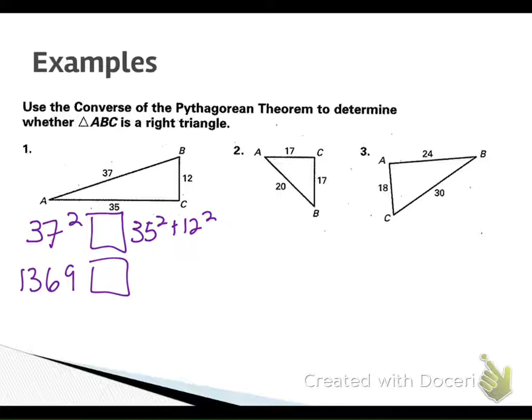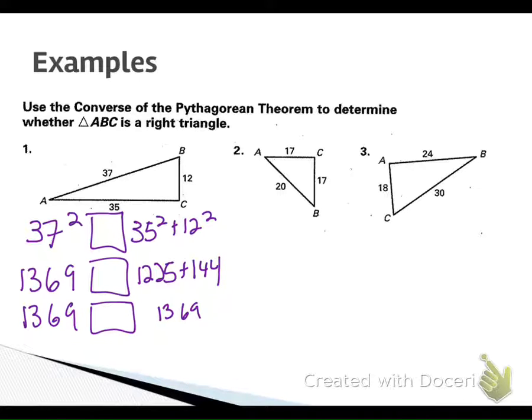Box 35 squared. 1,225? Okay, and then 144. Box 1,225 plus 144. 1,369. Are they the same? Less than? Greater than? Equal, so we know it is a right triangle.